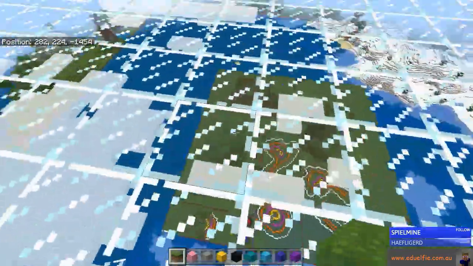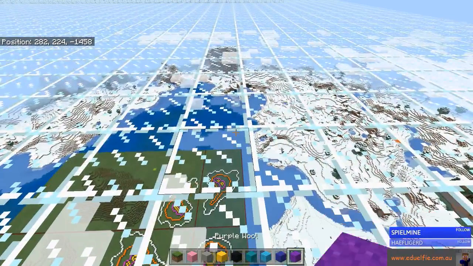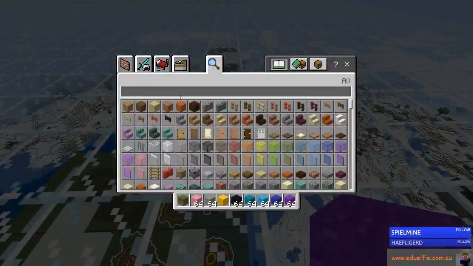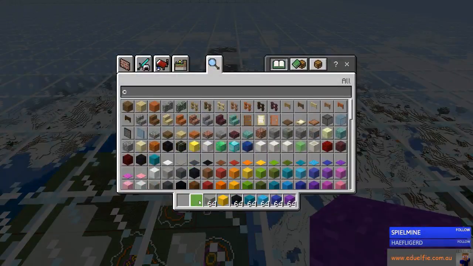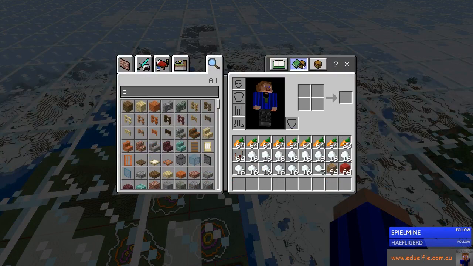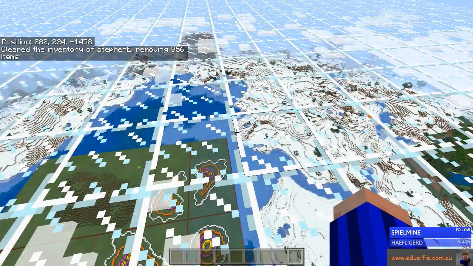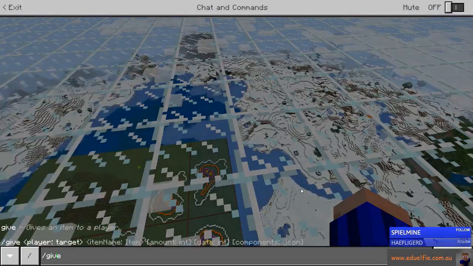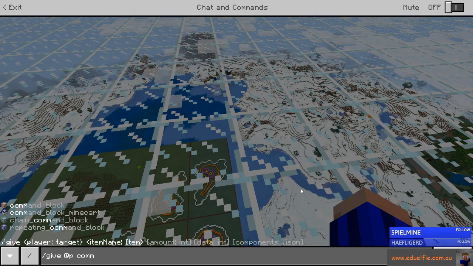So up here is where I want the teacher platform. So they're not in there. Get rid of them. Wow. Let's do this the easy way. And then slash give at p command block.